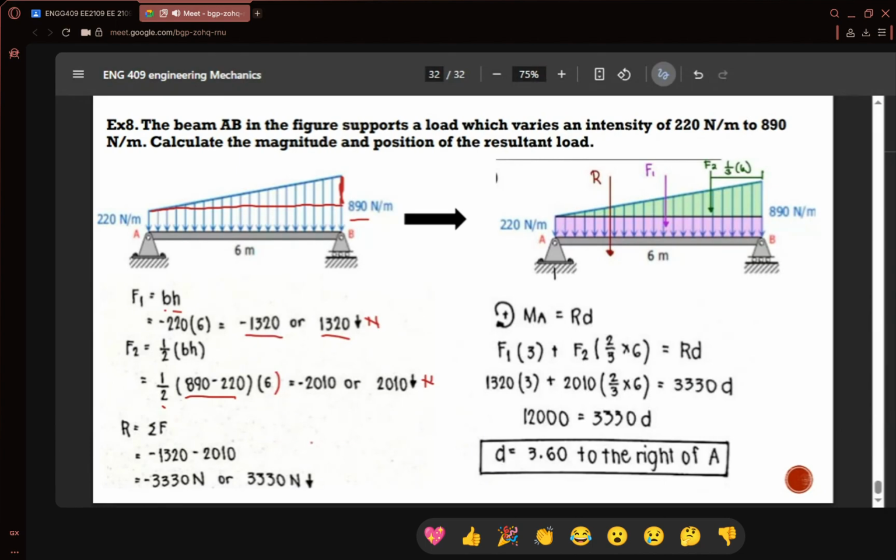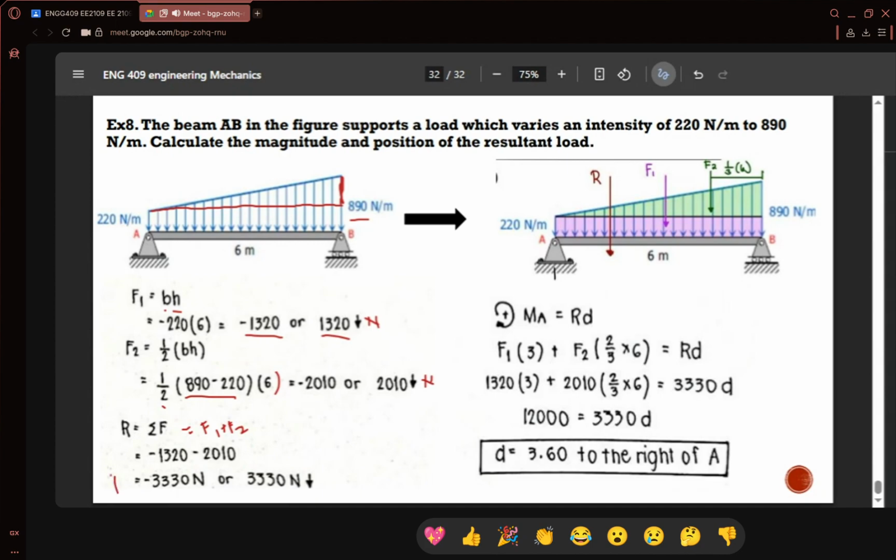Now you have your F1 and F2. Like we said, your resultant is the summation of the forces, or F1 plus F2 in this scenario. So you'll have negative 1,320 minus 2,010. We added that, so your resultant is 3,330 newtons going down, obviously.